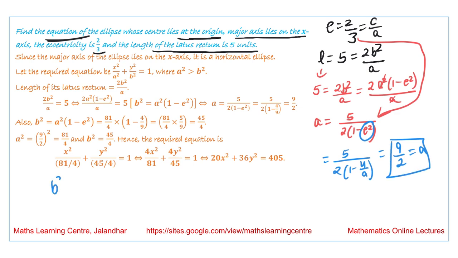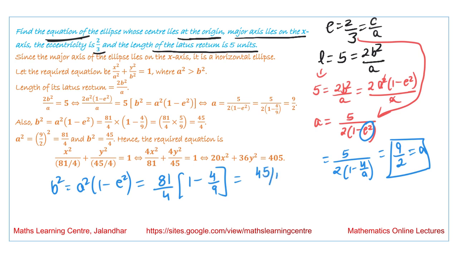Now B square is equal to A square into 1 minus E square. So what we get from this is 81 by 4 into 1 minus 4 by 9. So the answer we get is 45 by 4. So the value of A square we have is 81 by 4. Value of B square we have is 45 by 4.